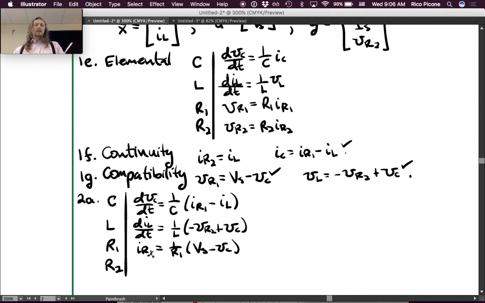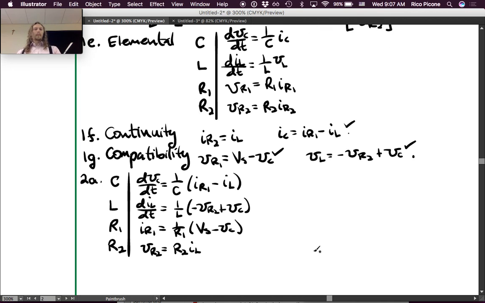And in the last equation that we have, VR2, we want to eliminate IR2, so we don't need to rearrange this one. VR2 equals R2 times IR2, which we can substitute IL for. And we've eliminated all of our secondary variables. This part always goes like that, okay? It's always easy, just plug in, no problem.